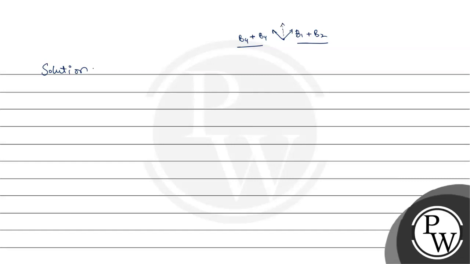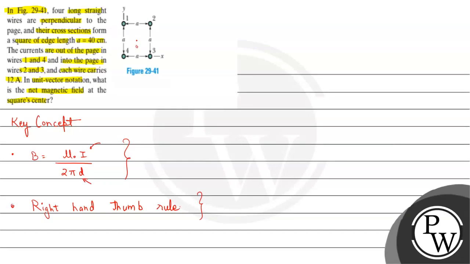Now let us find it in unit vector notation. Let us find all the values B1, B2, B3 and B4. B1 will be equal to mu naught I upon 2 pi d.